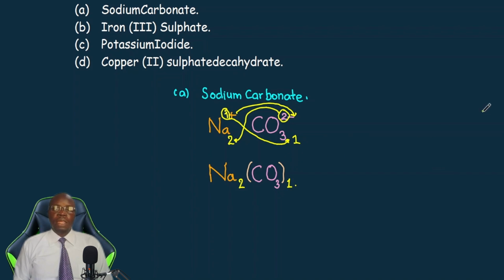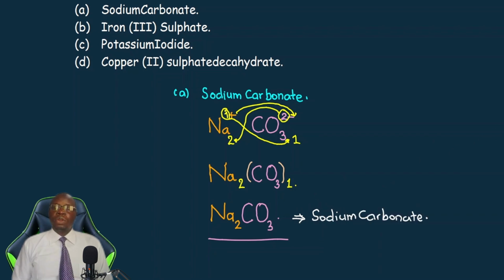So finally, we can simply write our answer as sodium with our 2 down here, and we place the carbonate next to it like that with our 3 here. So the name here is sodium carbonate.